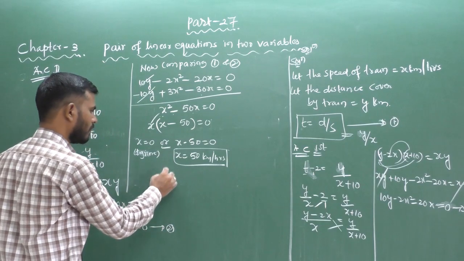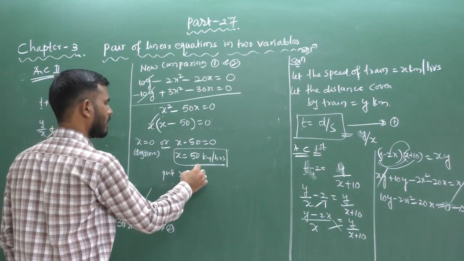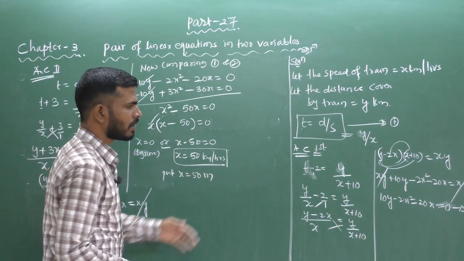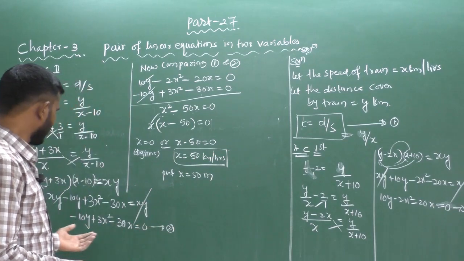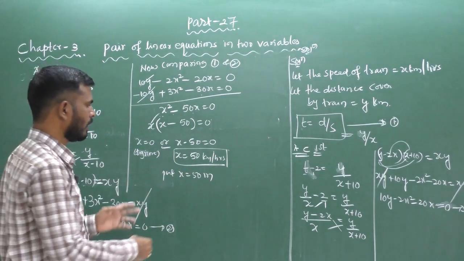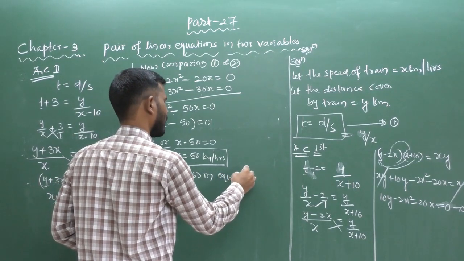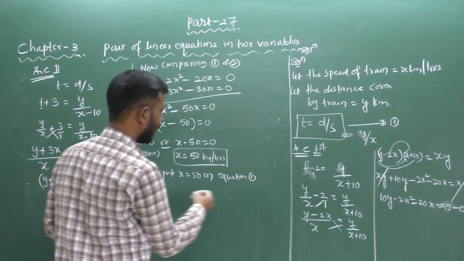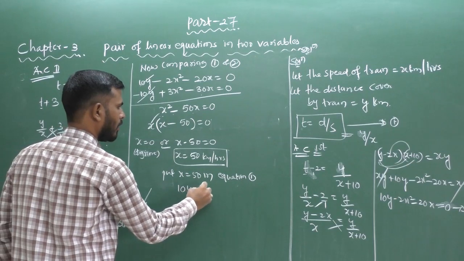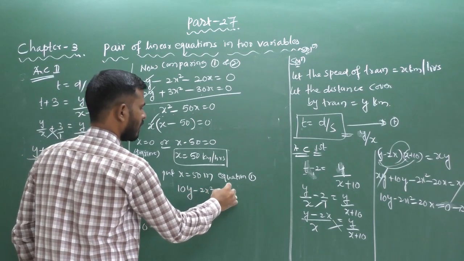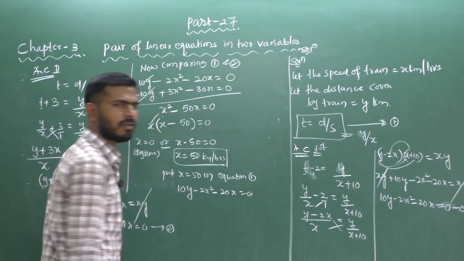So substitute x equal to 50 in equation number 1 or 2, and you will get the distance. Suppose we put it in equation number 1, that is 10y minus 2x square minus 20x equal to 0.